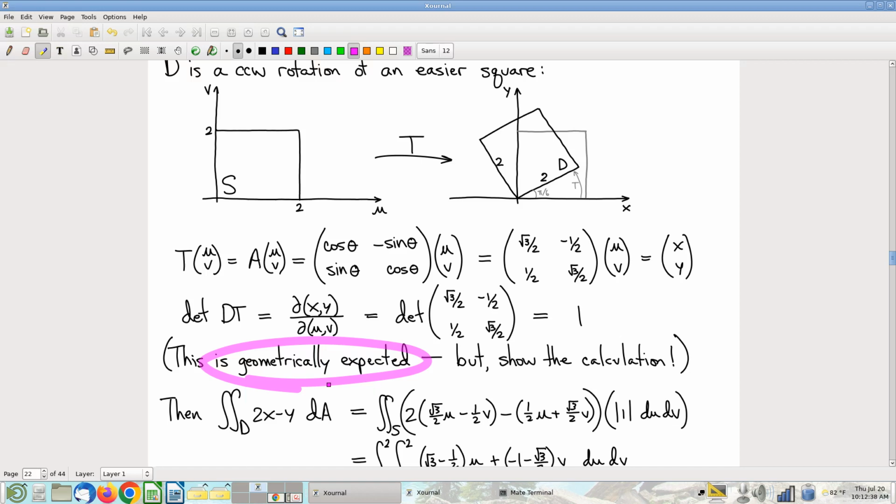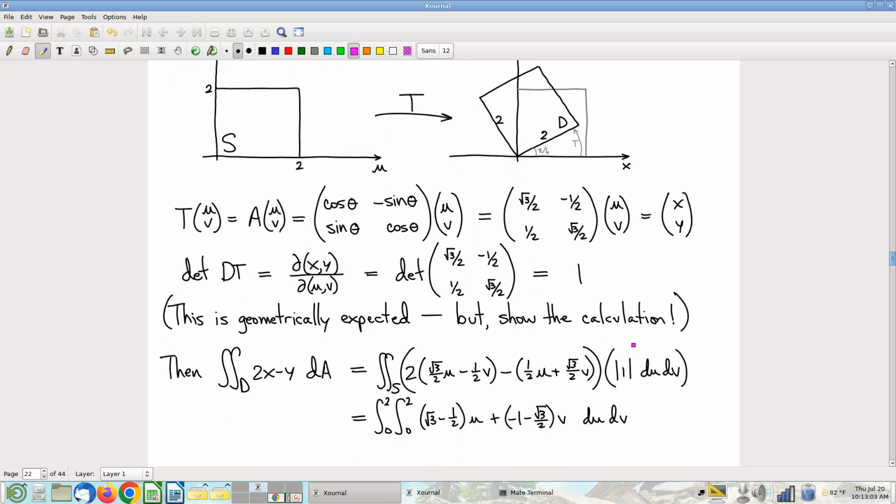And more to the point, what I'm interested in and what is the relevant skill for this course is being able to do this calculation. Right? So please do make sure that even if it's geometrically obvious what the stretching factor is, please do show the calculation that is going to be assumed and required for this course. I hope that's all clear. Okay. All right. So it's all over with the shouting.